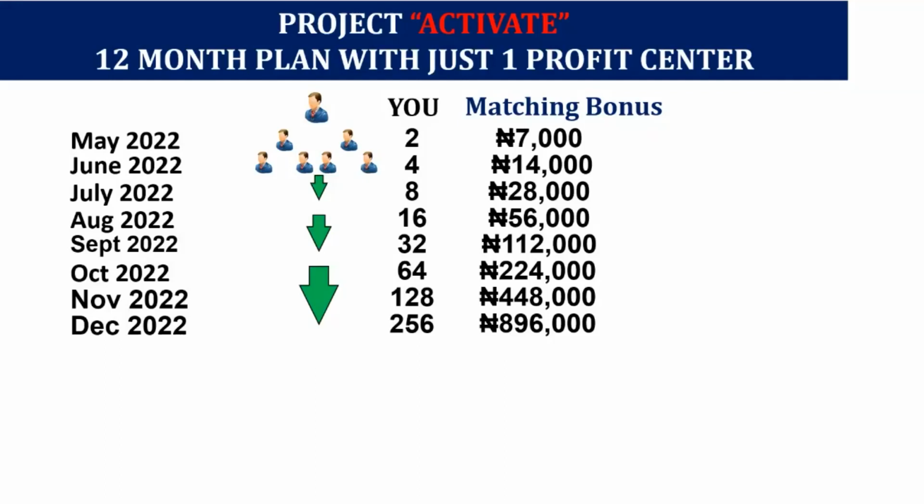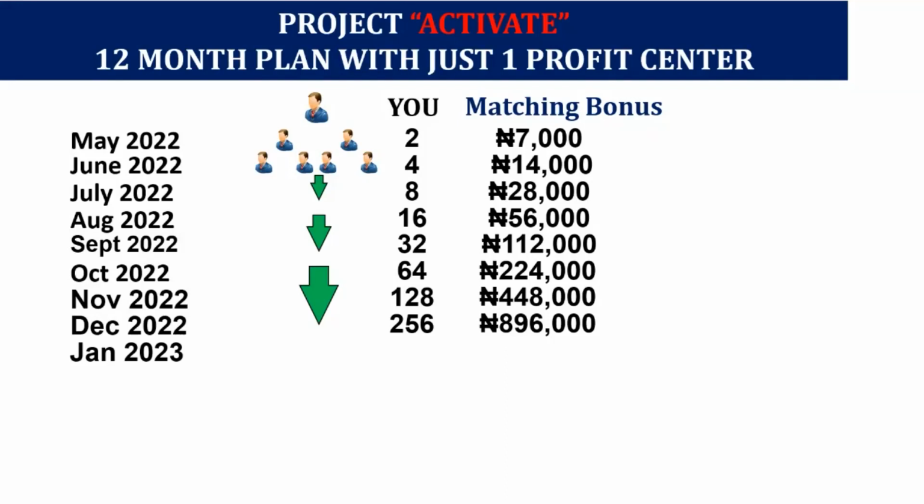All this can happen within the next 8 months with a minimum activity. What it means is that everybody who joined from May till December is joining with only one account, which is impossible. But let's stay with that one account.